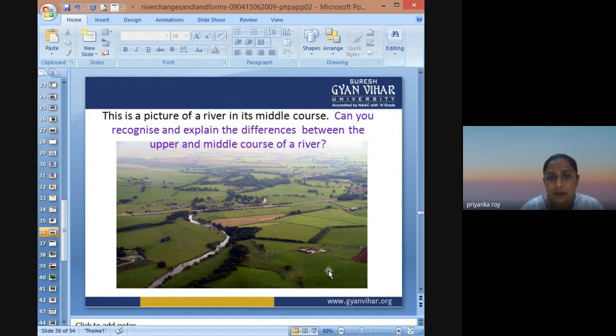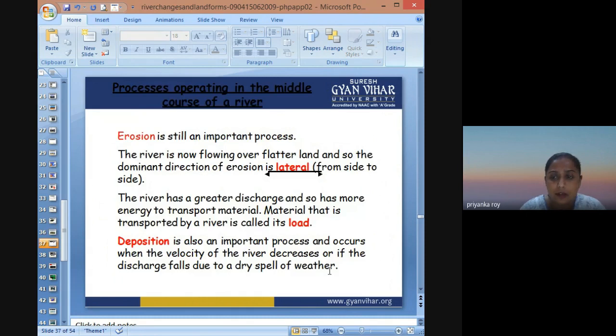Here you can see that between the upper and the middle course of the river, there is a meandering of the water flow. So the process operating in the middle course of the river, that is erosion, still has an impact.